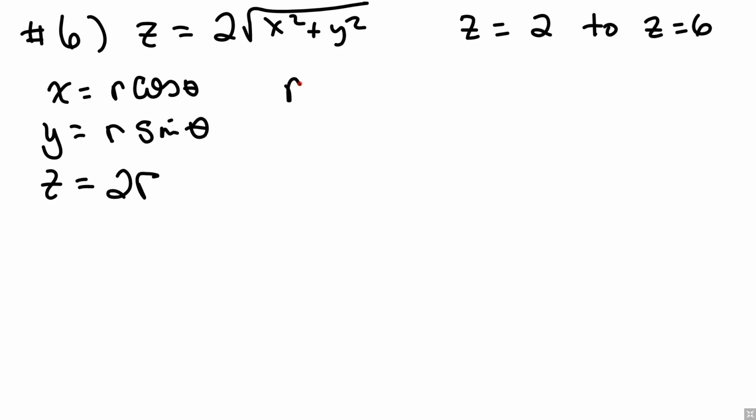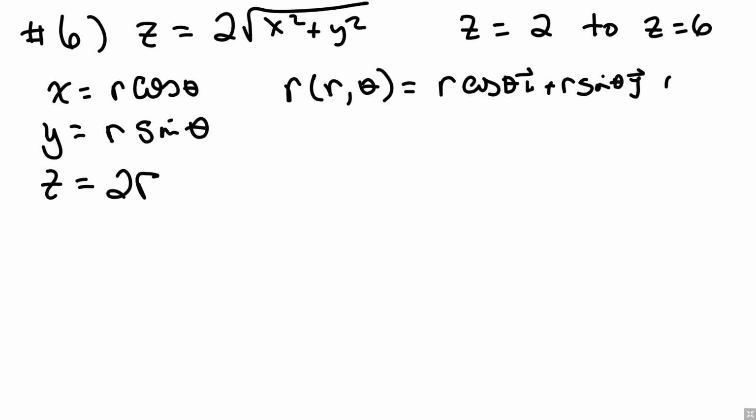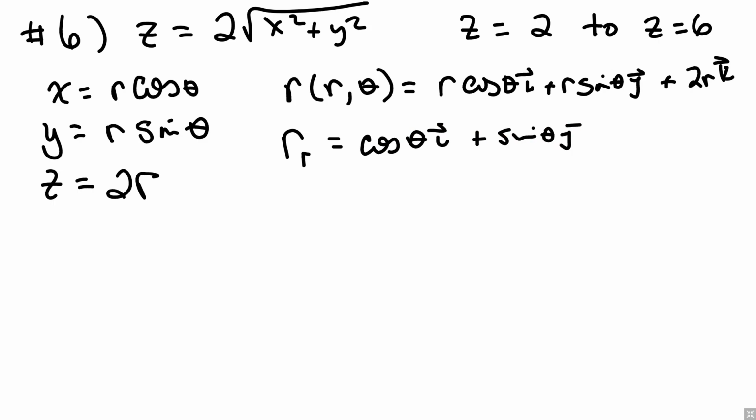Okay, so r of r, theta will be r cosine theta in the i direction plus r sine theta in the j plus 2r in the k. If I take the partial with respect to r, I'm going to end up with cosine theta in i, sine theta in j, plus 2 in the k.